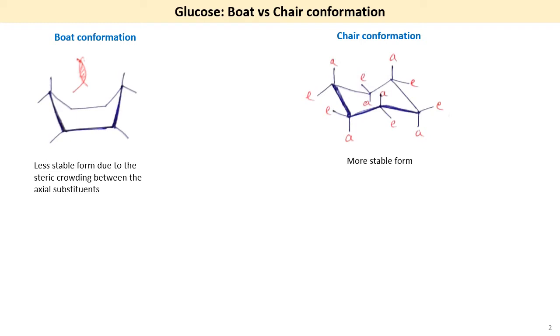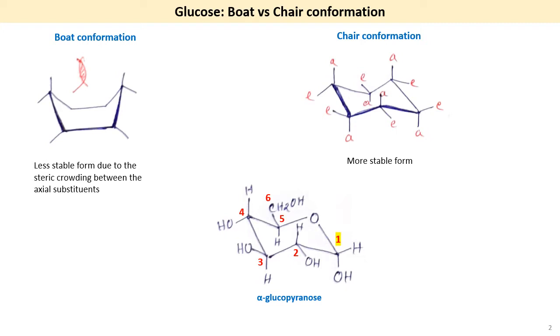And in case of chair conformation, two types of groups are possible, equatorial and axial, right? So it is represented in this way. Now the Haworth projection formula of glucose has been converted to the chair conformation, where in C1, if the OH group is at the bottom, it is alpha glucopyranose.